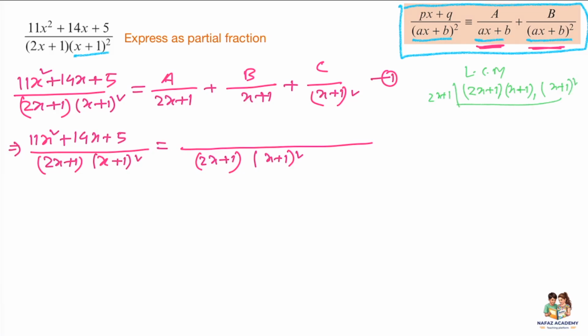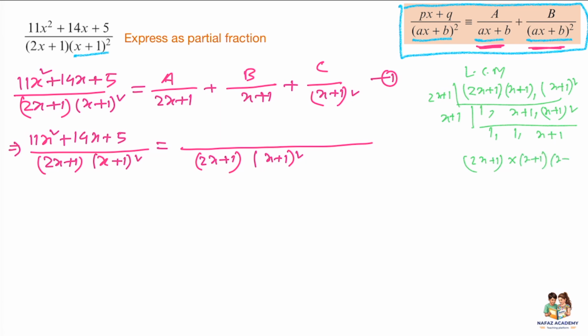Divide. What is the common part? It is 2x plus 1. I divide 2x plus 1, then 1 and x plus 1 square, and now I divide x plus 1. It is 1 as usual, and 1 x plus 1. There are three, the rest of x, 2x plus 1, x plus 1, and x plus 1, right?